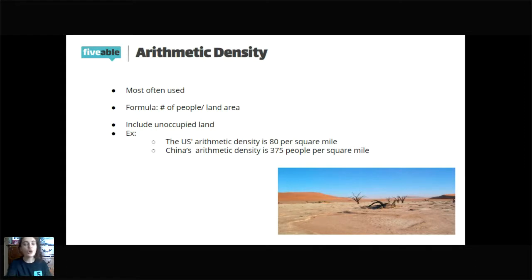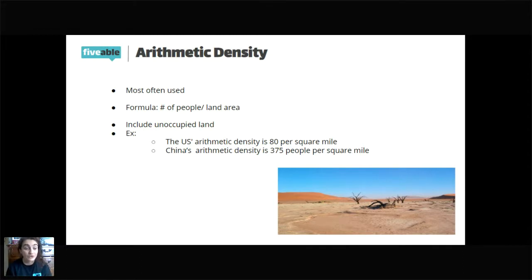But in how many countries do we have deserts? We also have a lot of forests. So that's just a thing to consider. For example, the U.S.'s arithmetic density is 80 persons per square mile, as opposed to China, which has 375 people per square mile.